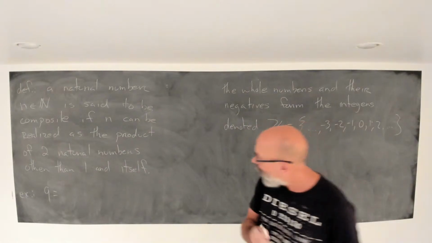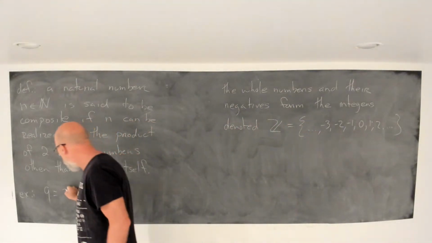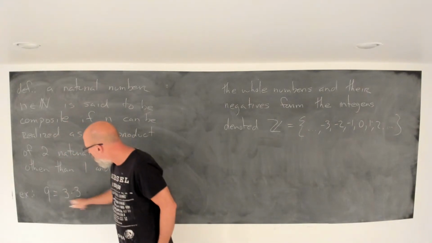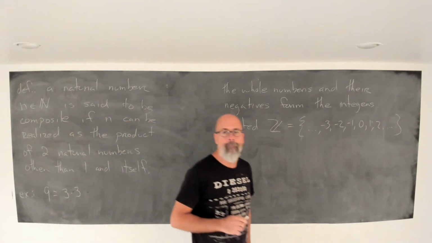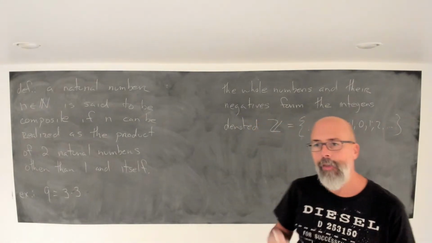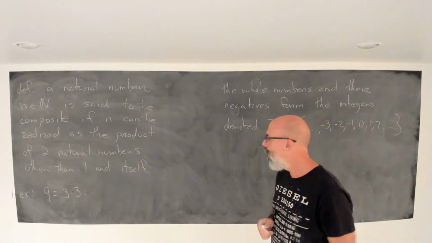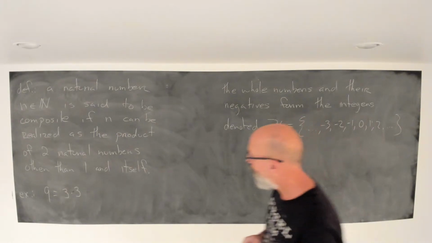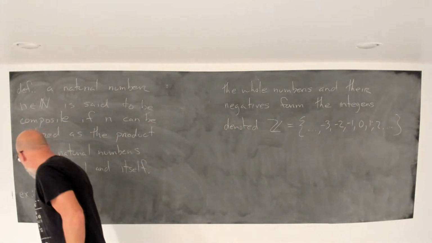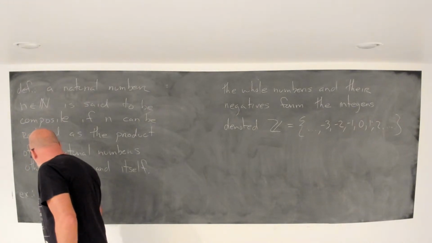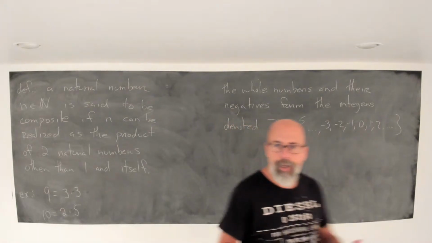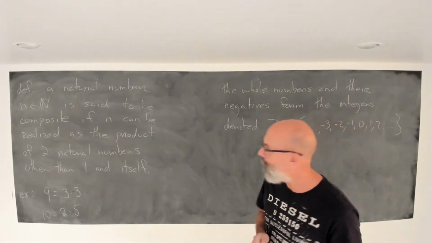9, of course, you know 9 to be 3 times 3. So we have decomposed 9 as a product of two numbers that are not 1 and 9. 10 is 2 times 5. 10 is a composite number.